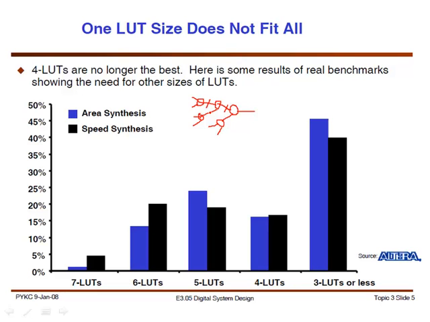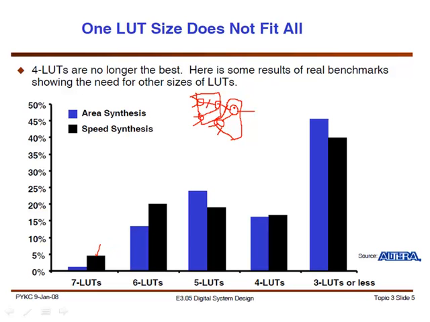But if I want to use 4 LUTs, then I have to put this into one lookup table, then these into another lookup table, to utilize area better. So when you use a lot of 7 LUTs, sometimes you're just using 6 of the inputs in the 7 LUT, or some of the logic elements inside your CLB are being unused, so that would not be too efficient in terms of area.